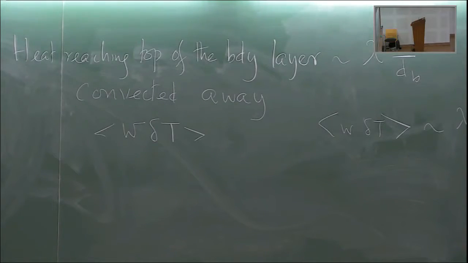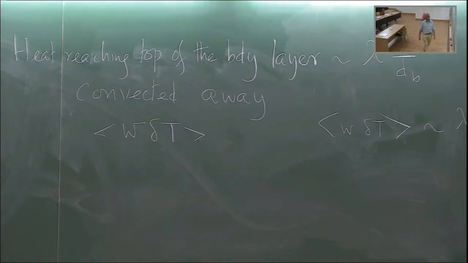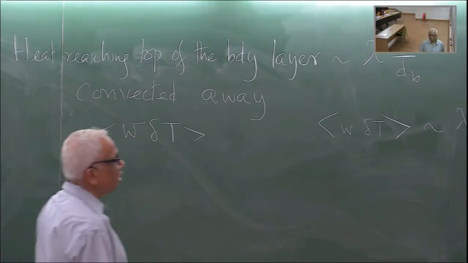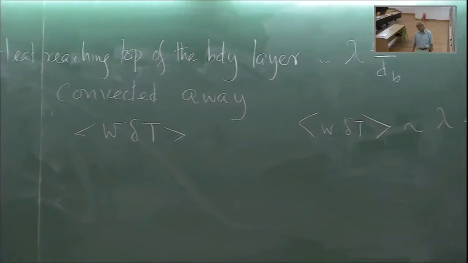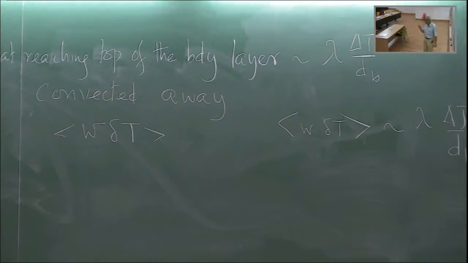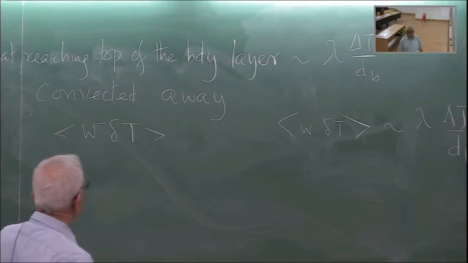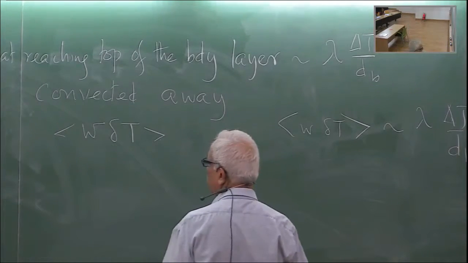W delta T is of the order of lambda delta T divided by d_B. Now I have an estimate for W, which comes from here: this is the RMS velocity. So W scales as Rayleigh number to the power 1 minus delta by 2.